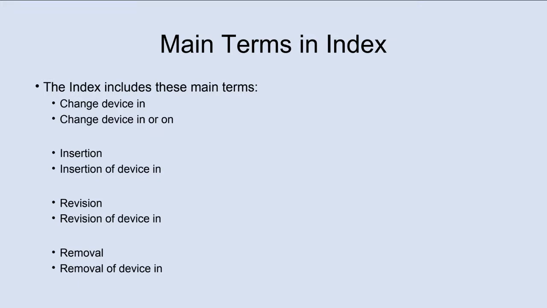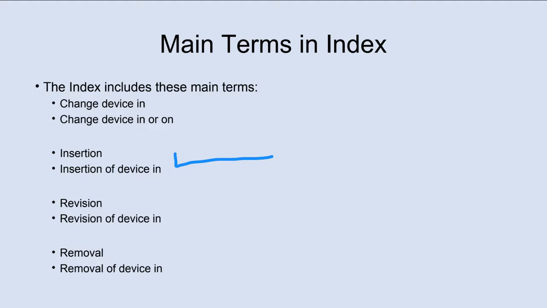So you might want to circle these in your index so you realize that there are two different entries where you might be looking. There's also main terms for insertion and insertion of device in. Separate entries that you need to be sure and check both to make sure you get the right first digits to refer you to a table.